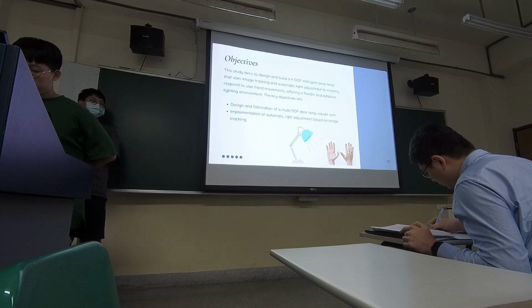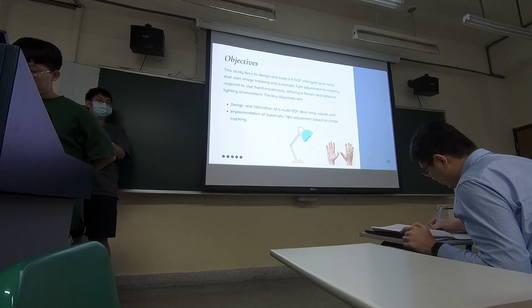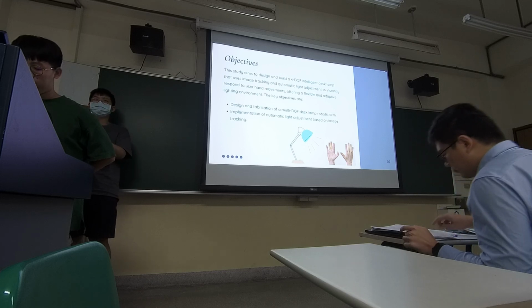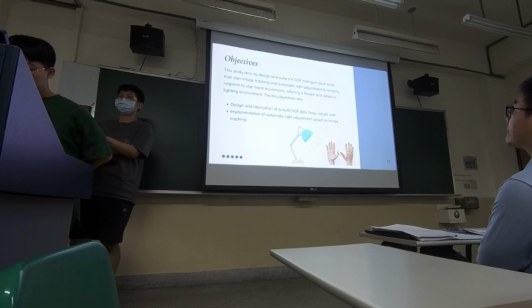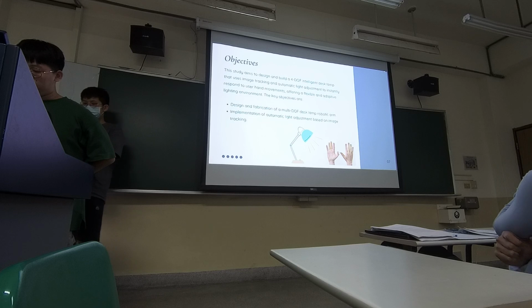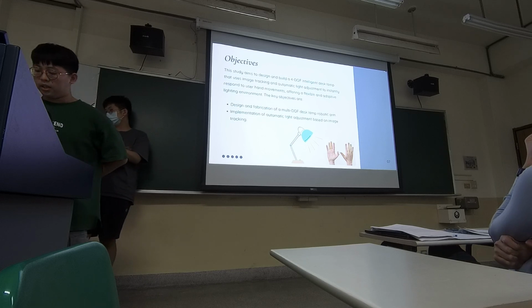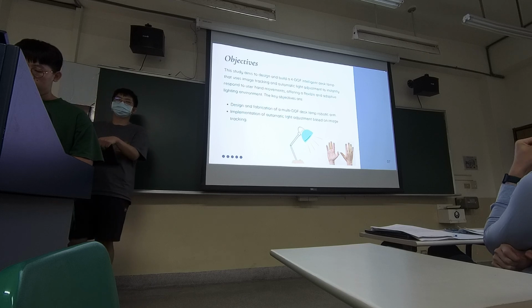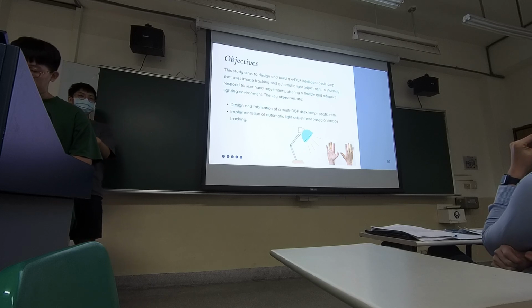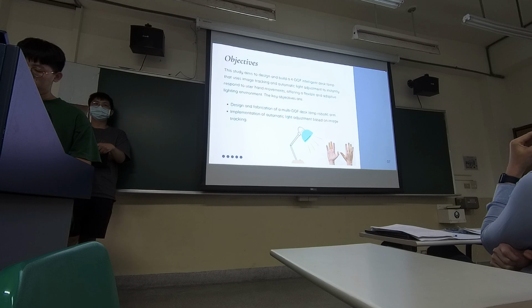So, with precise mechanical design, the lamp can move and adjust its angle freely, offering more accurate and efficient lighting control. The second part of the design is the implementation of automatic light adjustment based on image tracking.